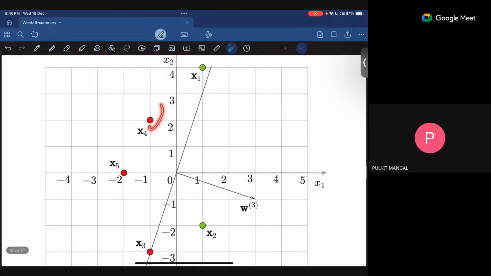So we have cycled till x4, so we'll resume the cycle from x5. x5 is correctly predicted, so we'll start with x1 again, but this time x1 is not correctly predicted. Another conclusion is that even though x1 was correctly predicted by the first three weight vectors, this new weight vector has predicted it wrongly.